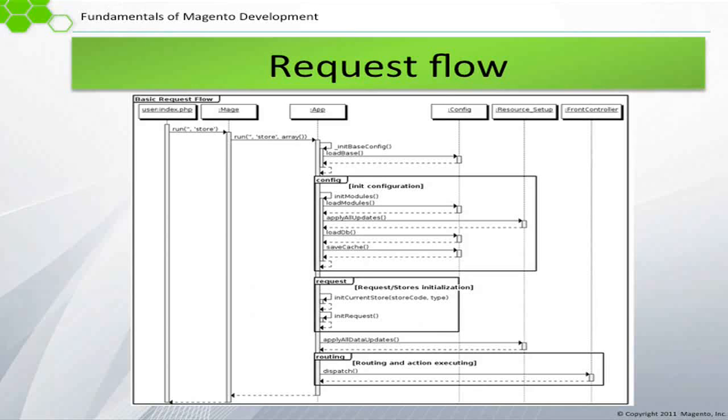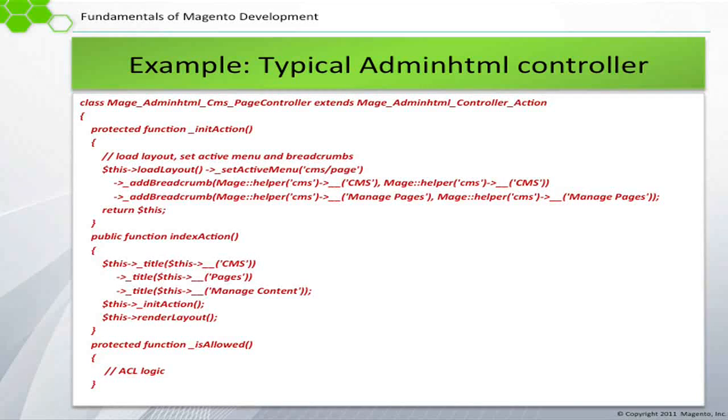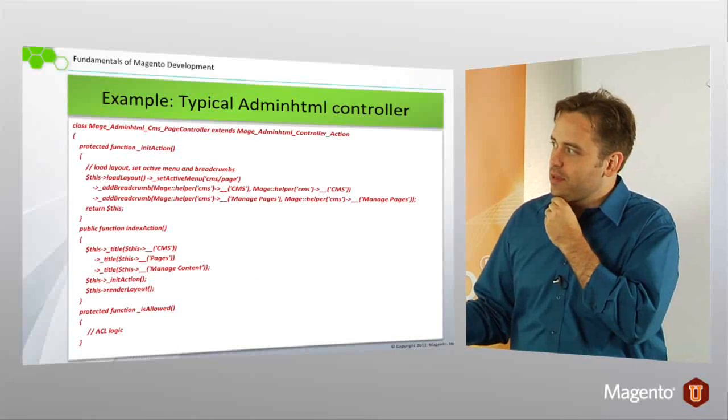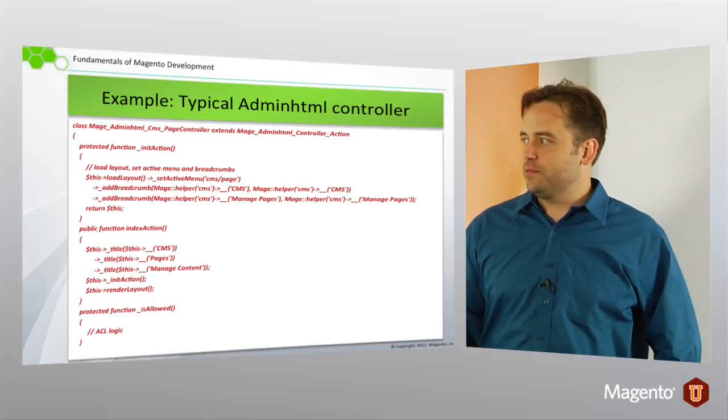Again, this is a reminder, this is what we've all gone through. Okay? So, index.php calls Mage run, calls app run, does some configuration stuff, kicks off our request object, and tries to dispatch. We're just showing you an admin HTML controller here. So basically what's happened is we're extending from a particular action class. And in here we have an index action.